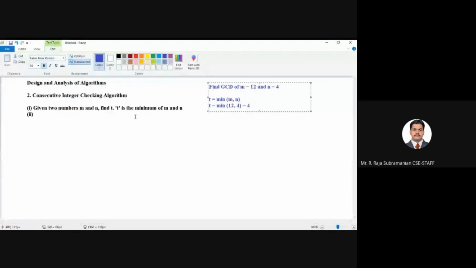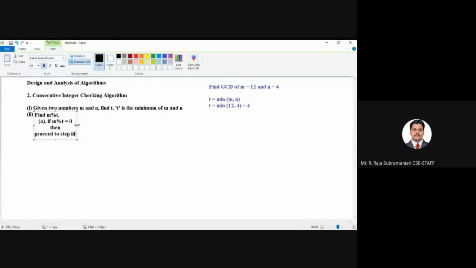I'm coming here. This is the algorithmic part. Find m modulo t. Now there are some sub points to understand here. I want to find m modulo t, and there is a sub point, say I'll write it as a. If m modulo t is equal to 0, then proceed to step 3.